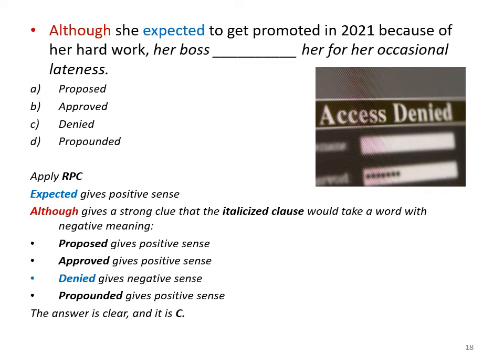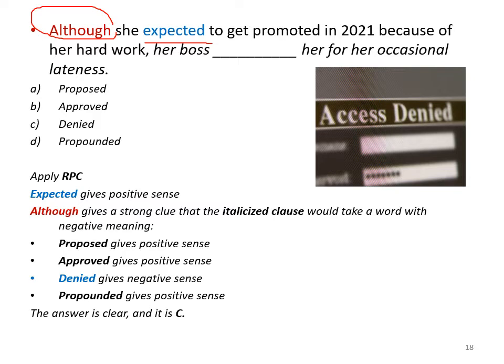Next, although she expected to get promoted in 2021 because of her hard work, her boss something her for her occasional lateness. Now, what are the key words here? Although and expected. You can see that these are opposites. Expected gives a positive sense. Although gives a strong clue that the italicized clause would make a word with negative meaning.